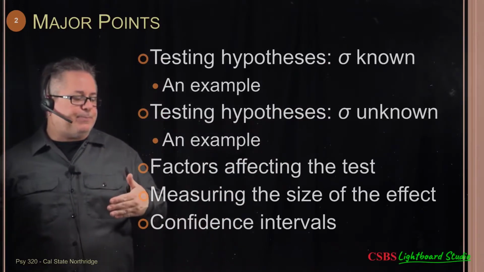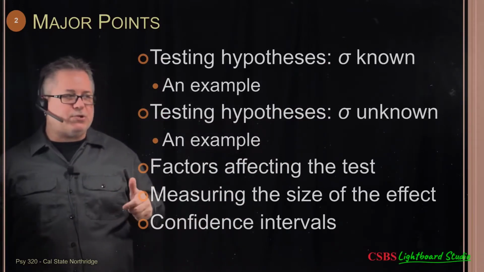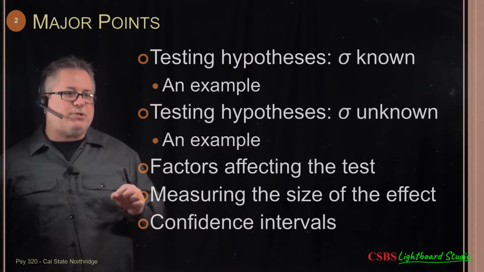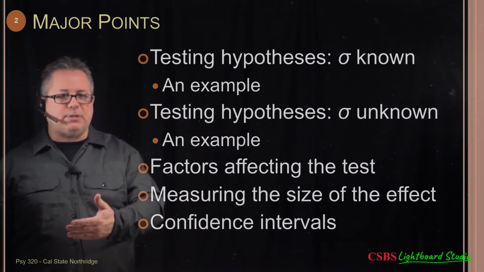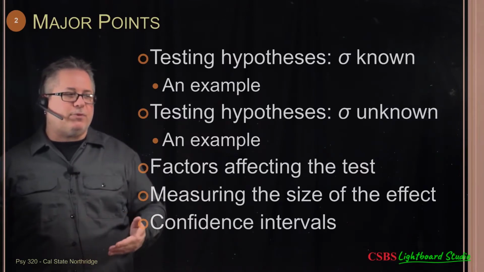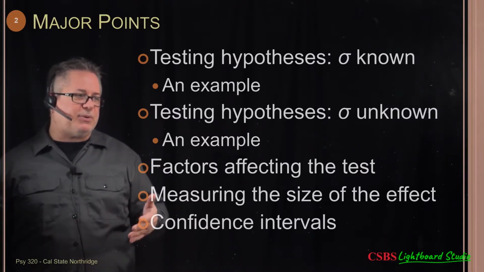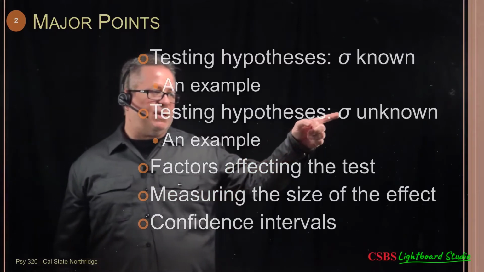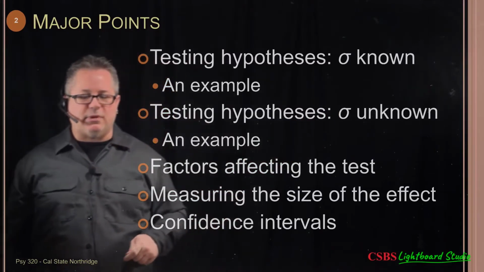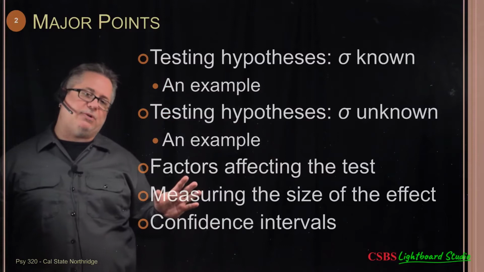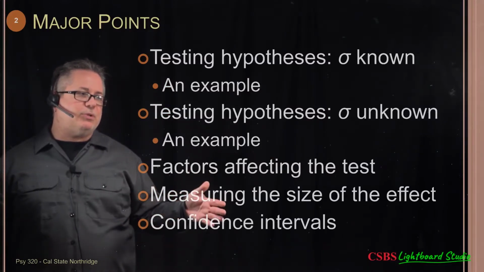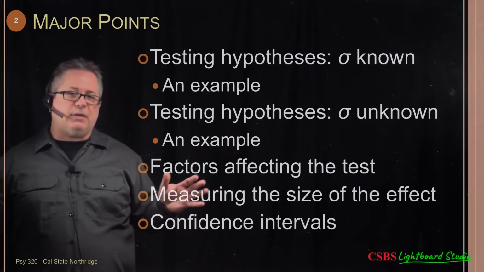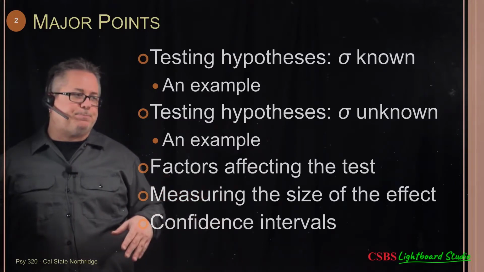Sigma is the population standard deviation. If the population standard deviation is known, we can do the test in a particular way. However, the more common scenario is that the population standard deviation is unknown. So we have to change some things, do the steps a little differently, and make some slightly different assumptions.